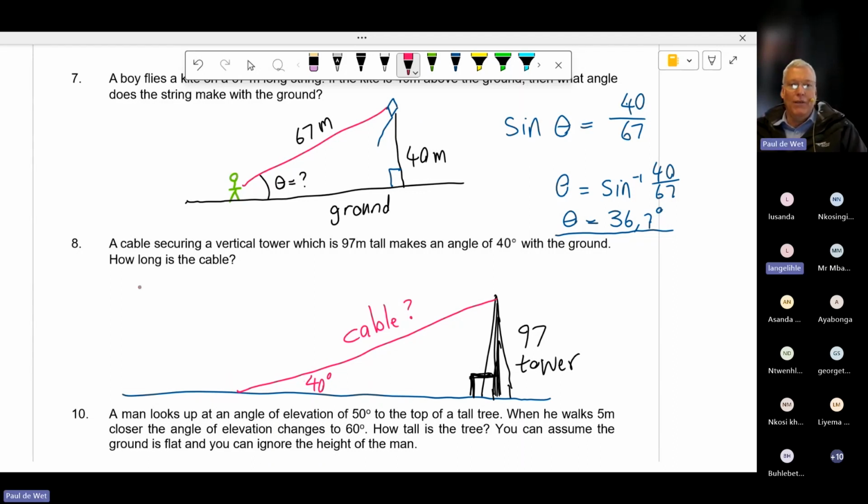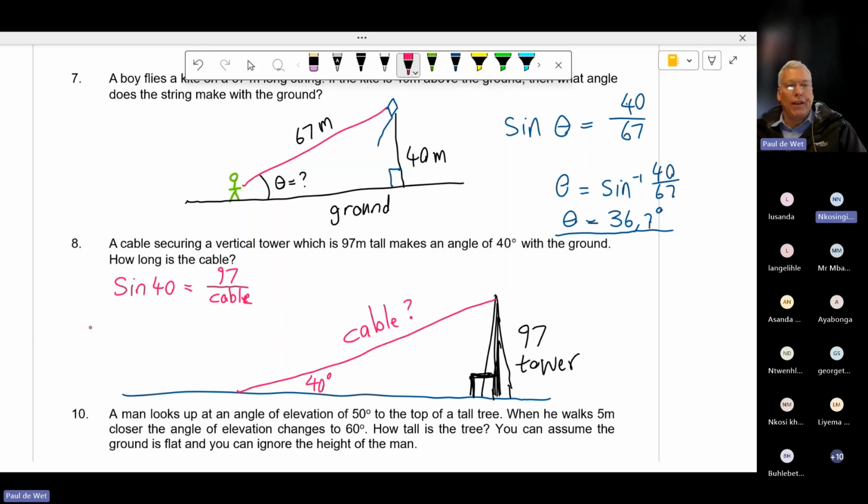The sine of 40 will be what over what? It will be 97, the opposite, over the hypotenuse. 97 over the cable. Now, this is just an equation. What's a little bit ugly here is that we've got a fraction. What can I multiply both sides by to get rid of the fraction? By cable, yeah.